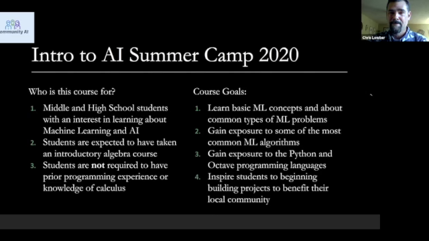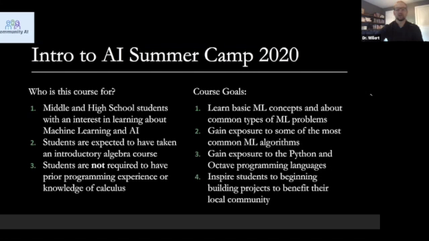So as we give an introduction to this camp, we've got to discuss a couple of quick, more administrative items. So first of all, who is this course for? Well, I think we've found the right audience, since most of the individuals who signed up are middle and high school students, and we're really looking for people who have a curiosity and interest in machine learning and AI.